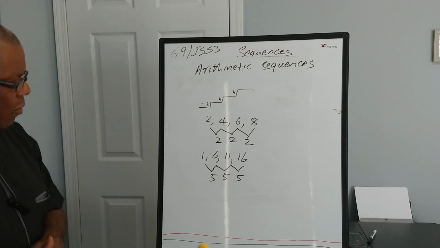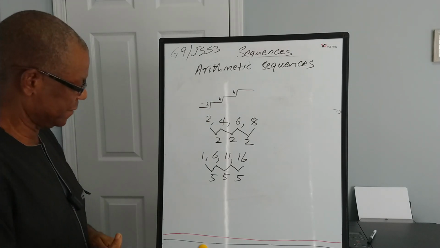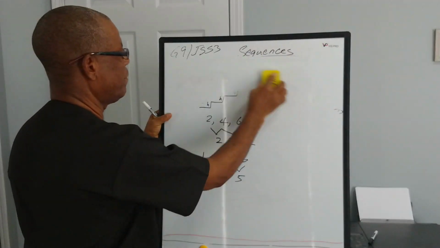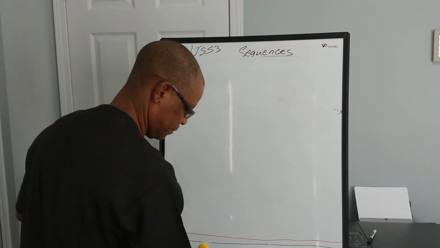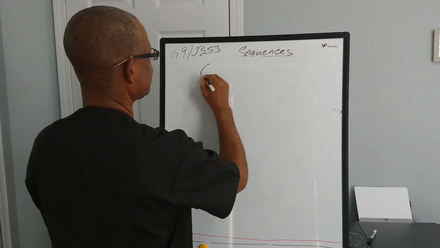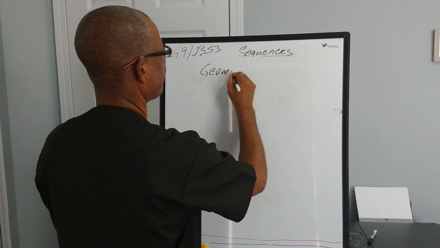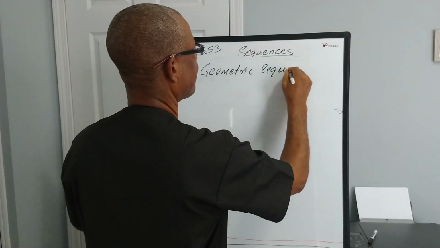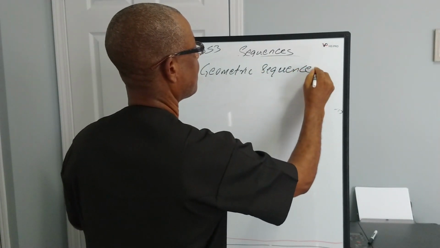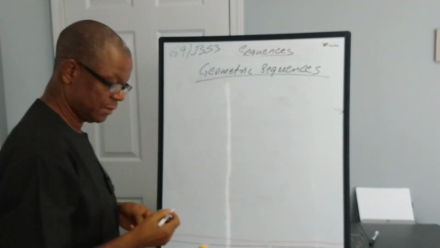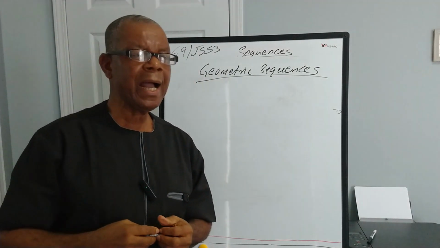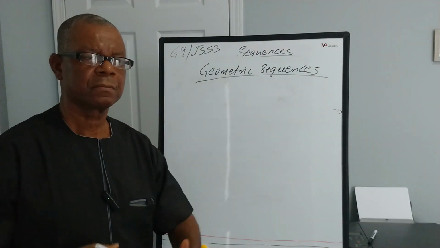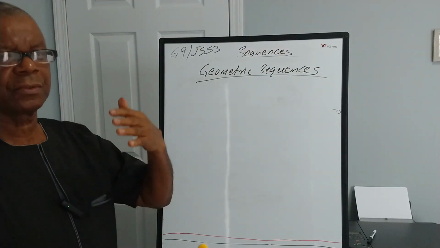And then the second one we have is what we call a geometric sequence. We had an example where it was multiply by 2, multiply by 2, times 2, times 2.